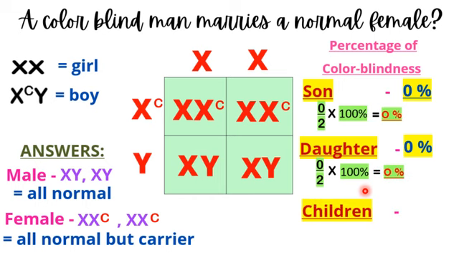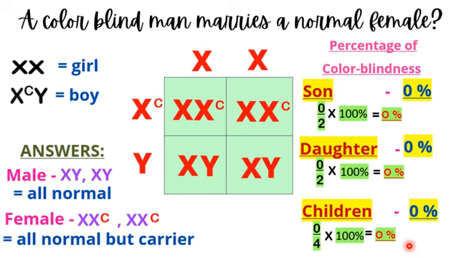How about the children? Children are composed of sons and daughters, in short, all the offspring here. It is 0 again. Why? Because, according to our answer, all offspring are normal. So 0 divided by the total number of children, which is 4, times 100 is equal to 0%.